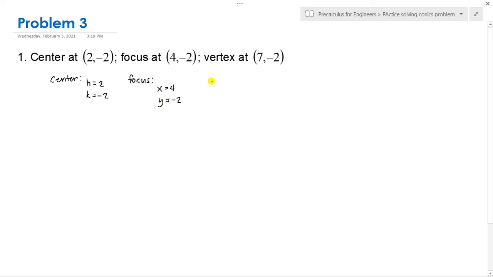Then we have the vertex, whose x value is 7 and y value is -2.